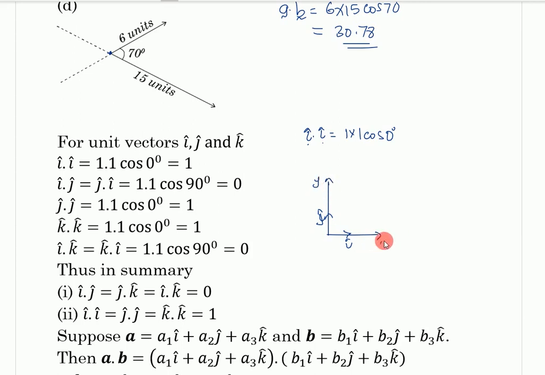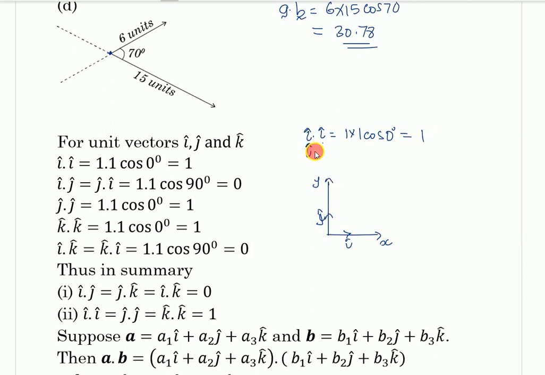So you realize that when you have I dot I, both of them will be along the horizontal, so the angle between them is 0, and the cosine of 0 is 1, so basically that is 1.